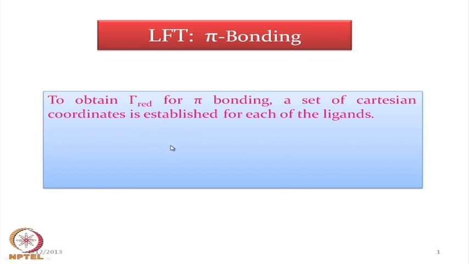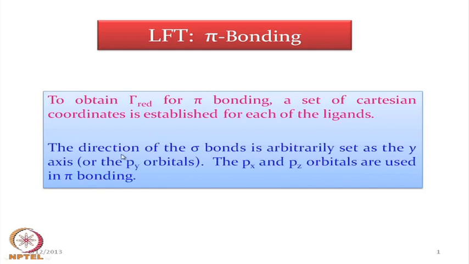So, the remaining orbitals can be utilized, and their corresponding Cartesian coordinates can be used to know their symmetry level for pi bonding interactions with the metal center. The direction of the sigma bond is arbitrarily set as the y axis, that means all the py orbitals are taken out from the ligand set.